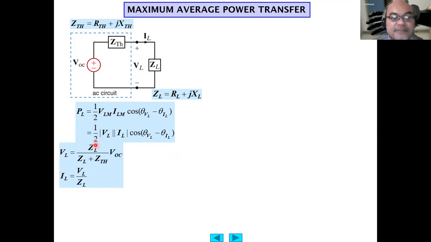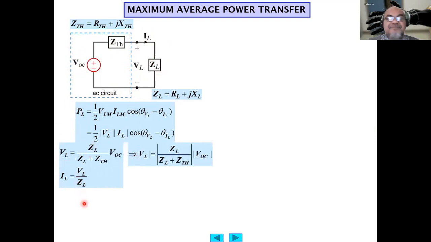VL, from the voltage divider formula, can be calculated from the open circuit voltage as ZL divided by ZL plus ZTH times VOC. Then the current IL flowing through the load equals VL divided by ZL. So the magnitude of VL equals the magnitude of ZL divided by ZL plus ZTH, times the magnitude of VOC.